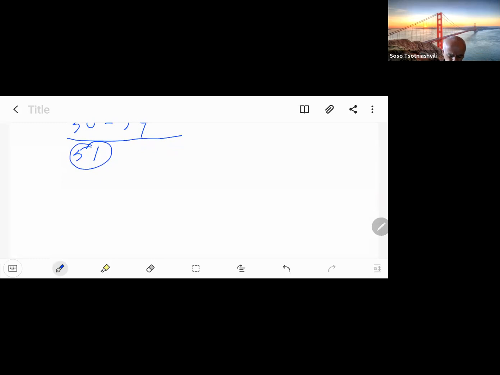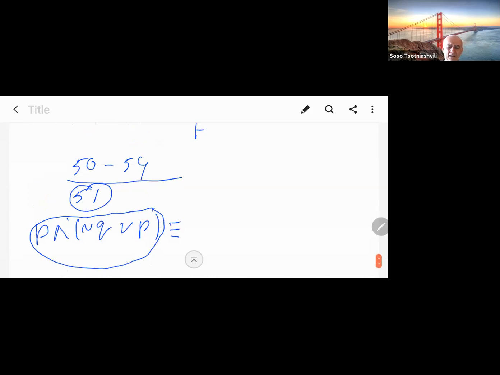So here we have P and not Q, or P, and we should prove that it's equivalent to P. How can we do it with a truth table? We construct a truth table, and in the last column we will have the values of this expression, and we compare them with the values of P. If they are the same, the expressions are equivalent.